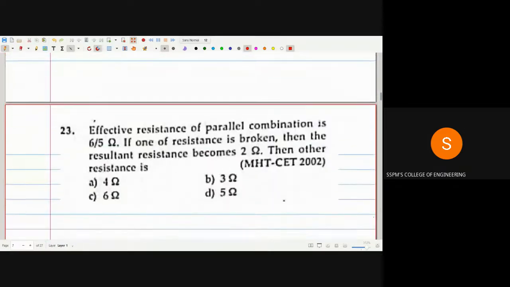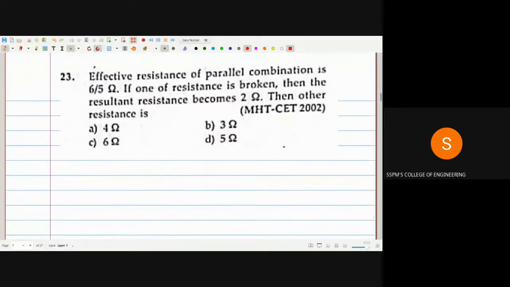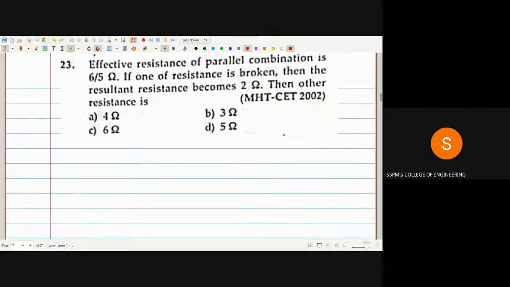Let's move to the next example. इथे बघा, the effective resistance of parallel combination is 6 divided by 5. And if one of the resistance is broken, then the resultant resistance becomes 2 ohm. Then other resistance is. आता इथे बघा दोन केसेस आहेत. In the first case, the two resistances are in parallel.